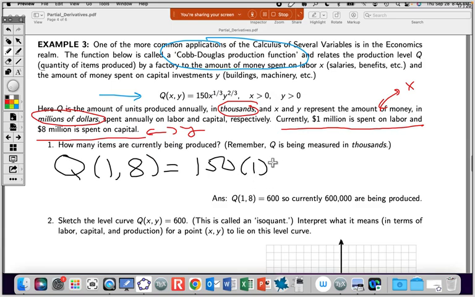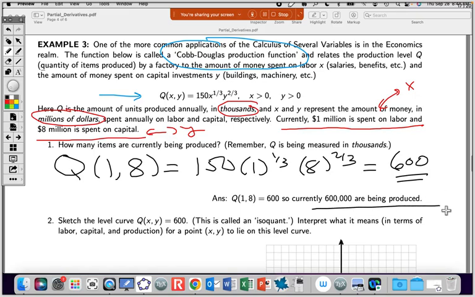You get 150, 1 to the 1/3, 8 to the 2/3. You go through your algebra there, you get 600. But Q is measured in thousands of units, so that means that 600,000 units are being produced. Okay. So any question on the setup here, what the X and Y measure and what the Q measures?